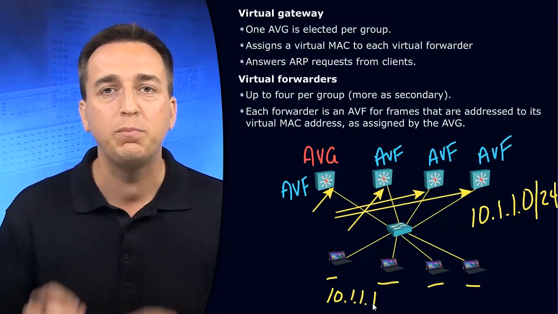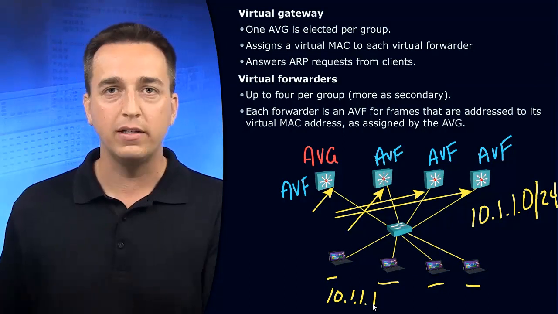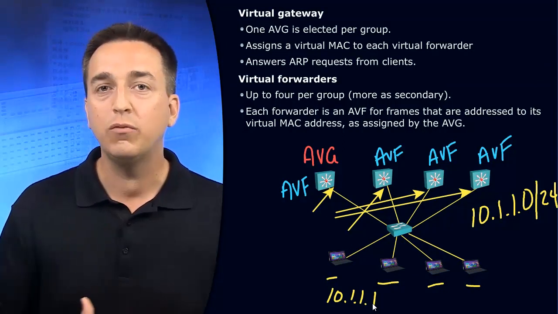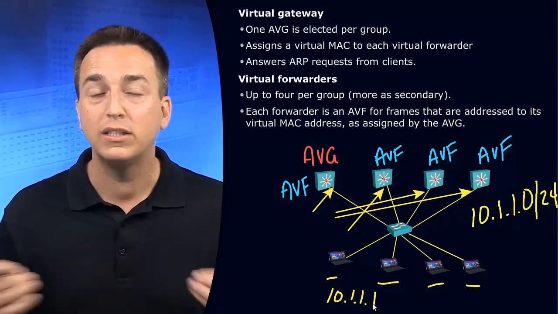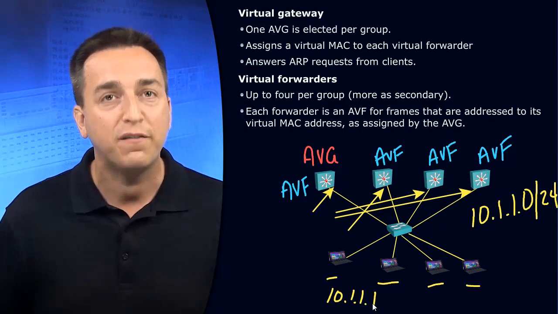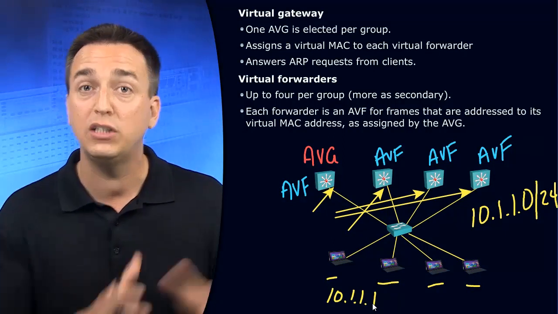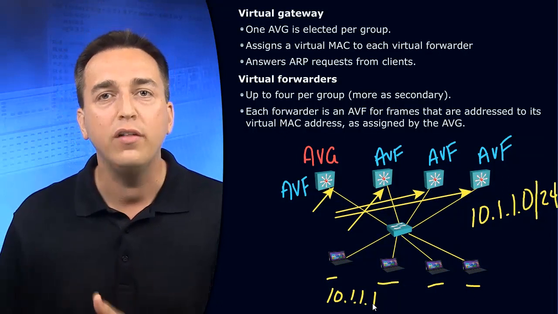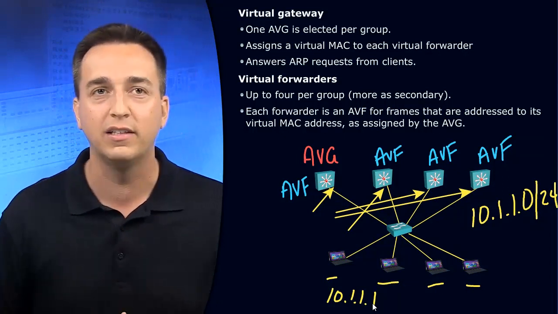But it doesn't respond with the same MAC address for every single client. It can respond with these 4 different MAC addresses that are associated with the AVFs. So one client sends an ARP request, the AVG says, use this MAC address. Another client sends an ARP request, the AVG says, use this other MAC address.